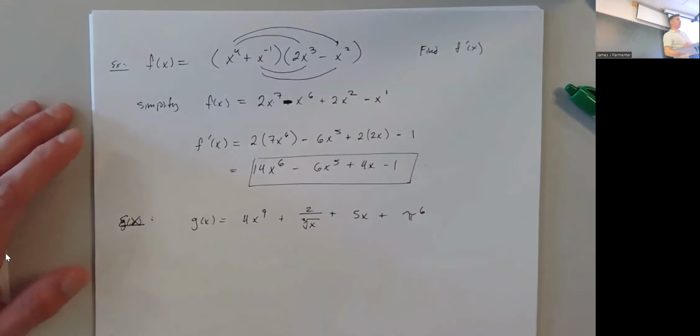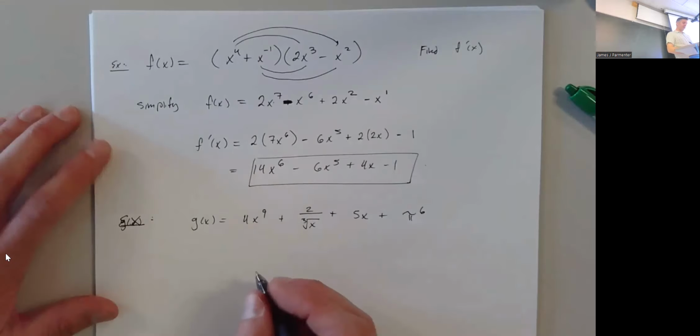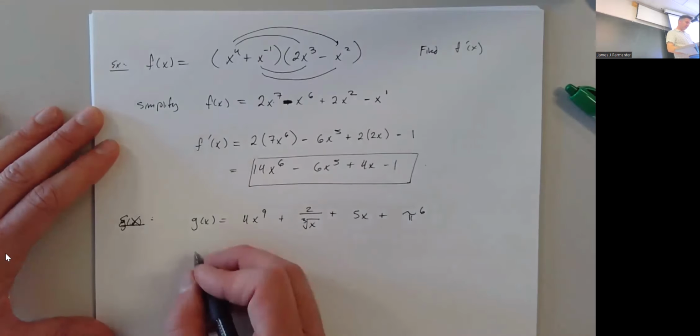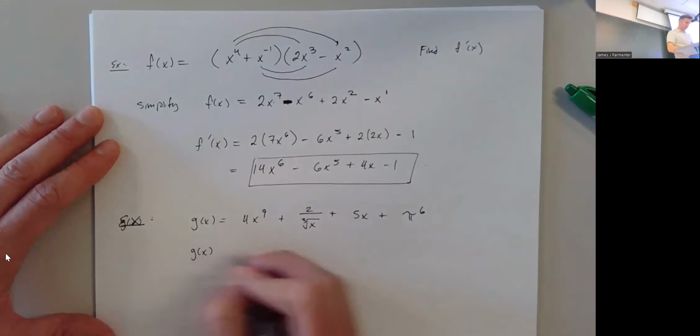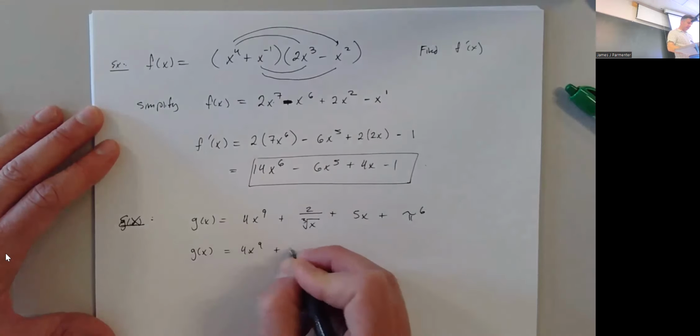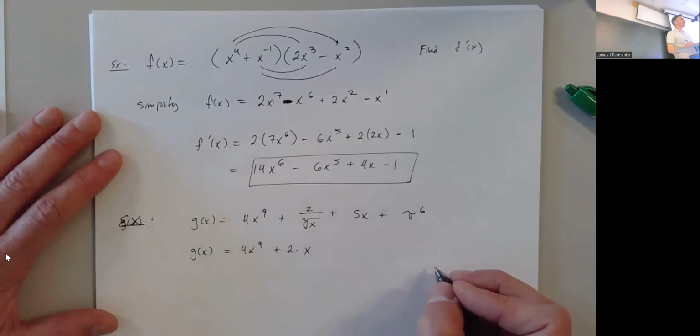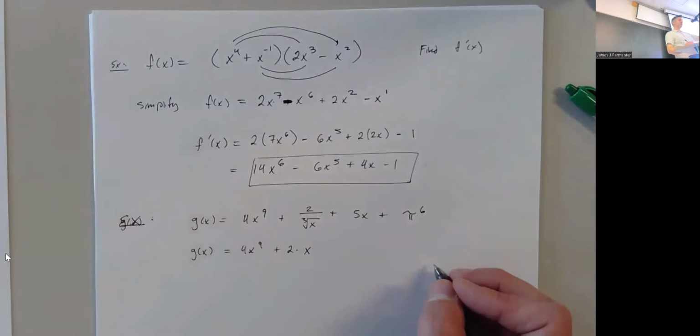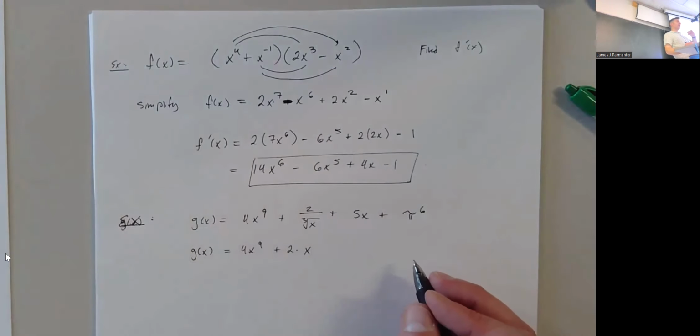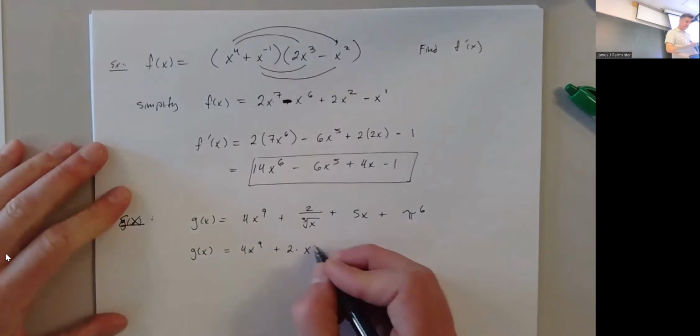And I want you all to find the derivative. But before you find the derivative, you should make one simplification. You should write 2 over the cube root of x as 2 times x to what power? Almost, it would be 2 over x to the 1/3. It'd be 2 times x to the negative 1/3.